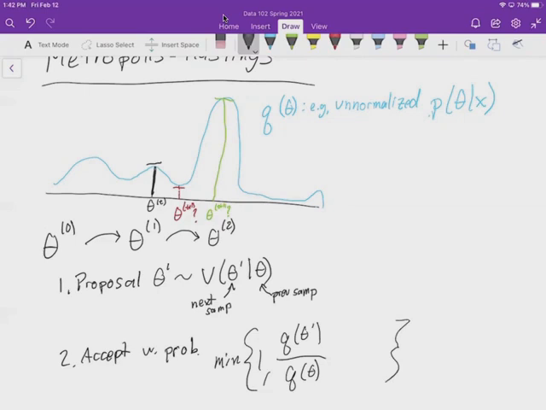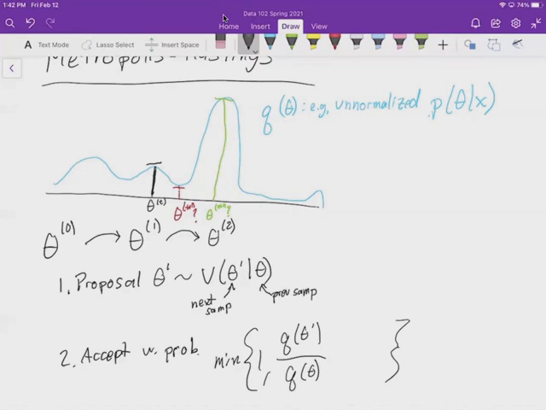What if my proposal distribution, let's say I'm looking at theta t and maybe I want to choose the green sample. I know I said maybe you're going to use a uniform, but let's suppose my proposal distribution is asymmetric. For whatever reason, let's suppose it has more weight on values above theta t than below.